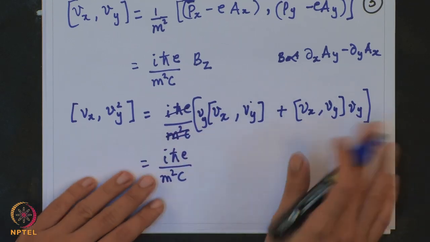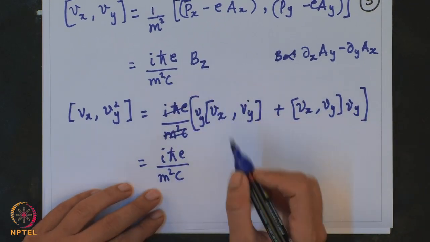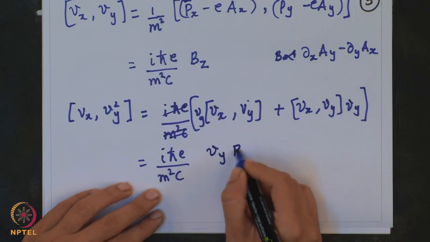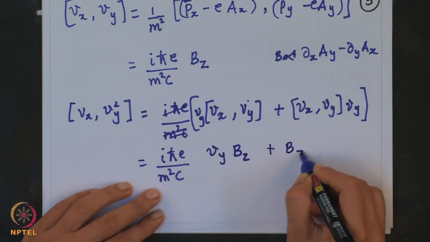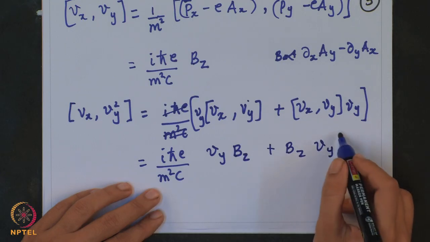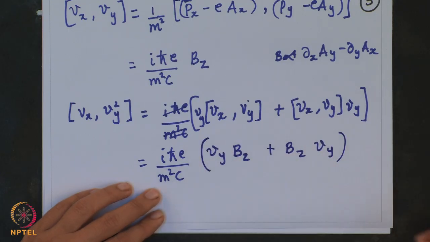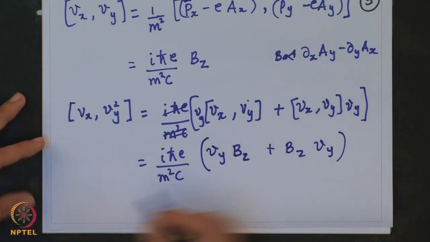So, after substitution you get Bz. So, Vy Bz, this will give me Bz plus Bz Vy. This is what you obtain on substitution.